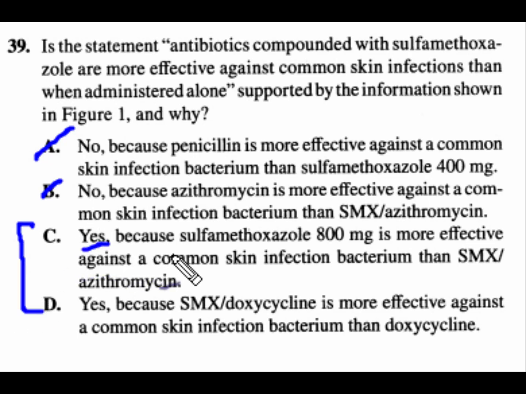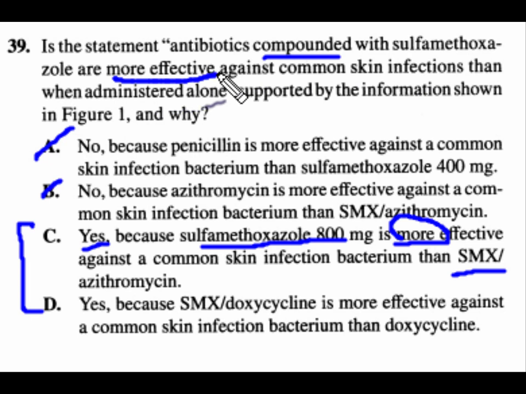Here it says because the sulfamethoxazole 800 is more effective than the SMX. Let's go back up to the question. There's a lot of words in here, it's confusing. Is the statement compounds with sulfamethoxazole more effective? The answer is yes, right?